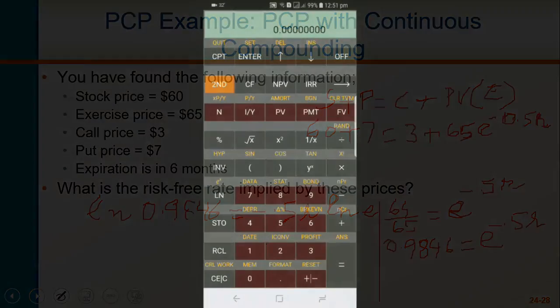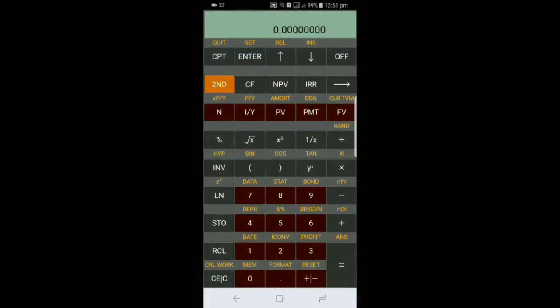So I'm computing the value of the natural log of 0.9846. To do that, I'm pressing 0.9846, and then the LN button in the first column of my keys, and the result I see on display is minus 0.0155.